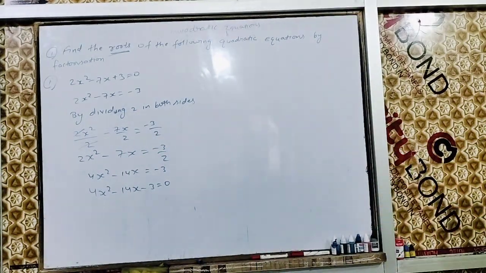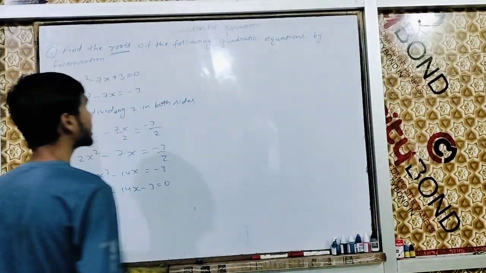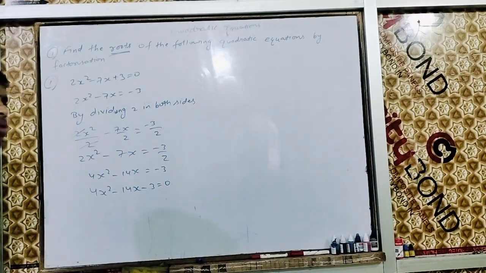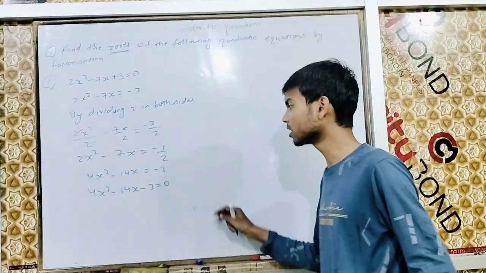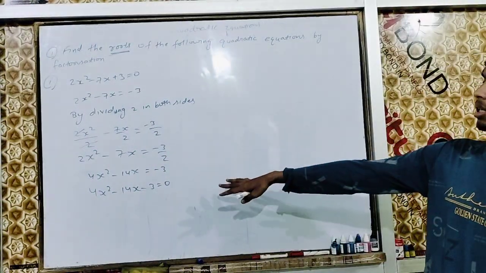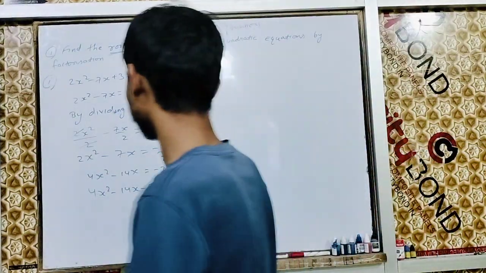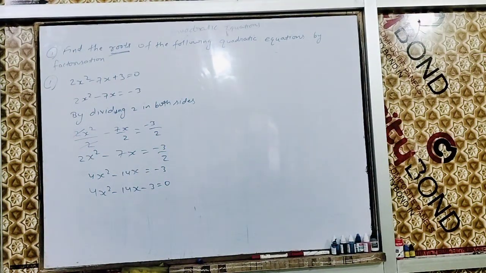Then by using the splitting method, you will get the value of x. The question was asking, you have been given a quadratic equation and to use the square completing method to get roots. And till here I have done. Further of it, this is your work. Okay. Just use the splitting method, then you will get your answer.